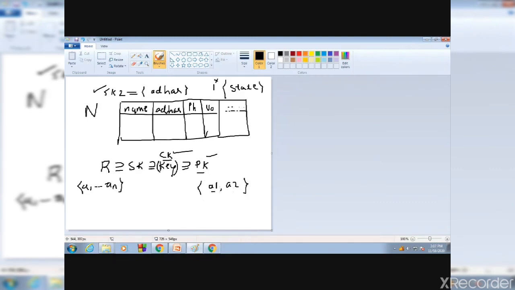Whichever are not part of our candidate key, we say non-prime attributes. They may be there in the super key or in your relation. Those are the non-prime attributes. So attributes which form the candidate key are nothing but our prime attributes.